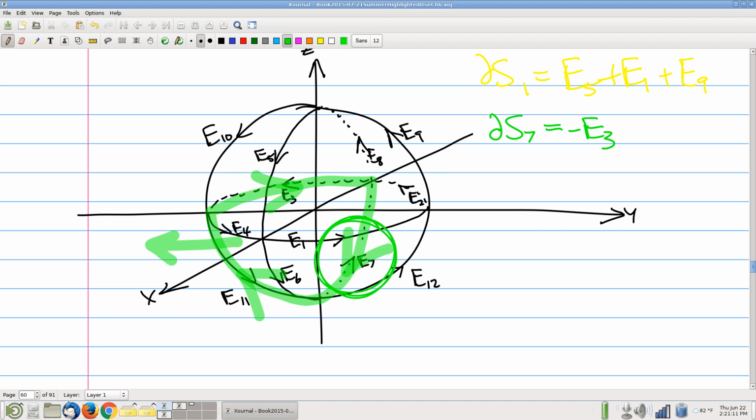There's E7, but again, as part of the boundary, it's going one way. The arbitrary label we've put on E7 goes the other way, so this is minus E7. And then E11, but again, going backwards, as it were, and so minus E11.